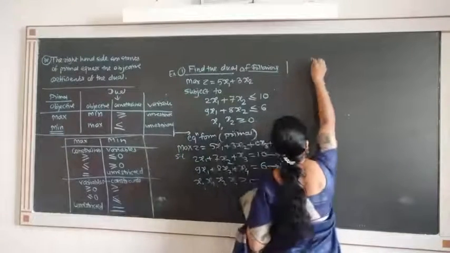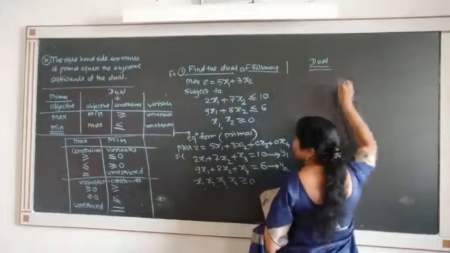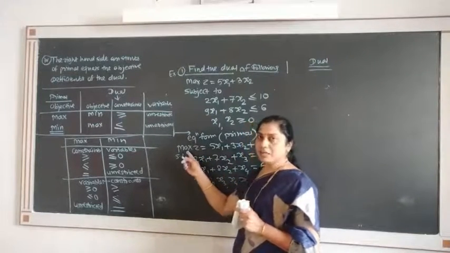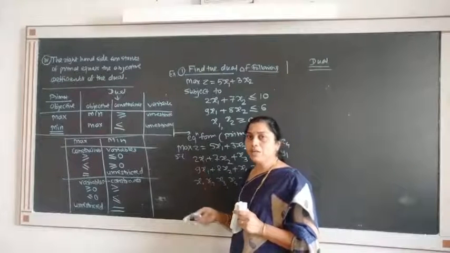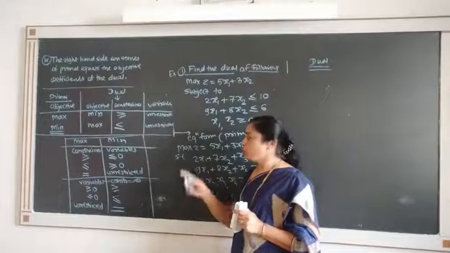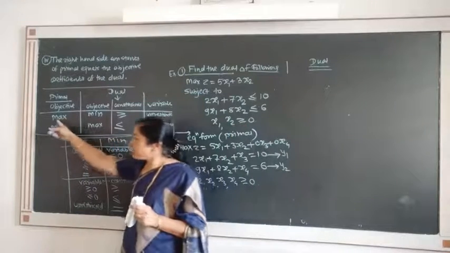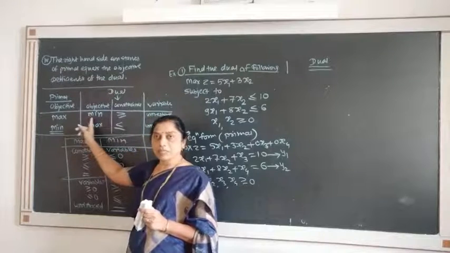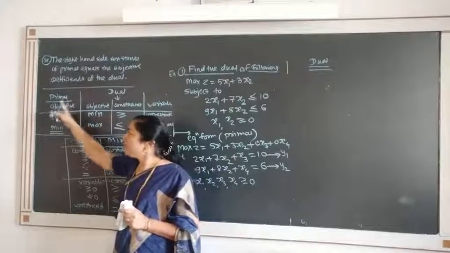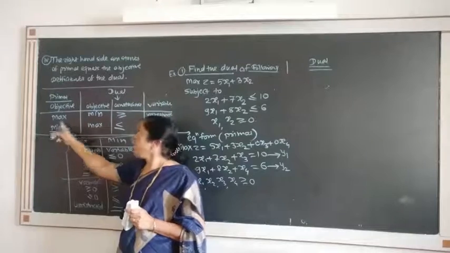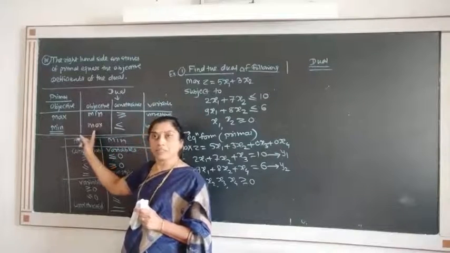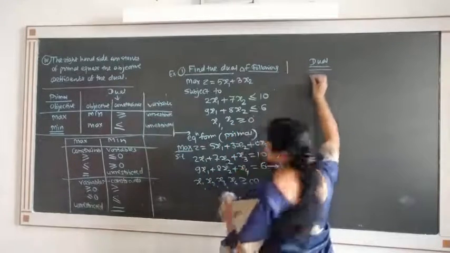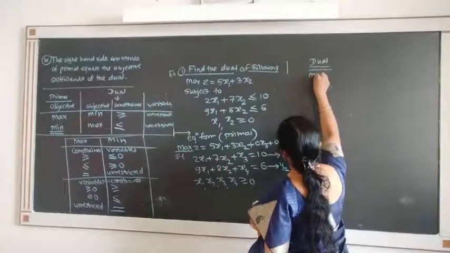What happens in dual? The first change: because this is maximization, in dual it becomes minimization. If the primal is maximization, in dual the objective will be minimization. Similarly, if the primal objective is minimization, in dual the objective becomes maximization.